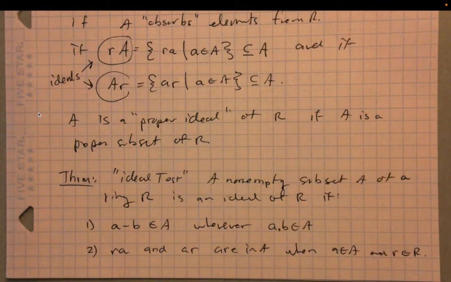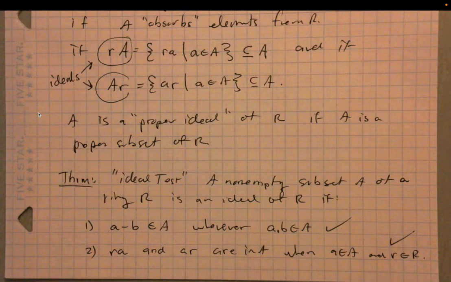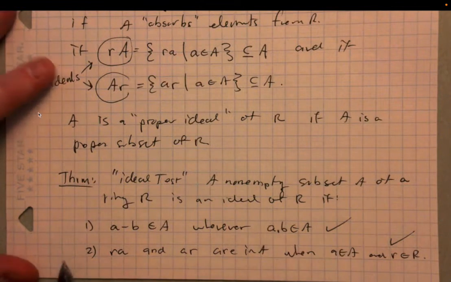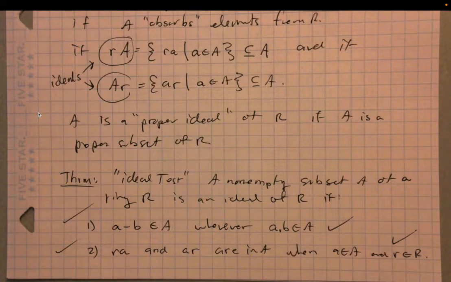So we need these two conditions to hold in order for a subset to be an ideal. The first checks the normal subgroup concept, and the second checks the multiplication concept.